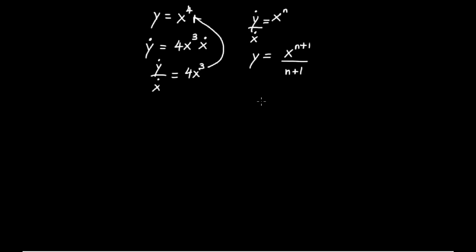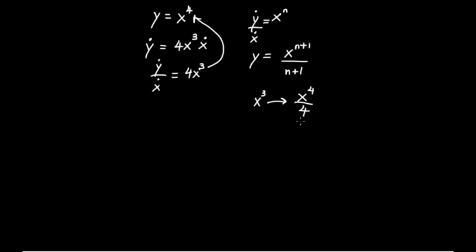Just to list out some examples, if I have y dot over x dot is equal to x to the third, the antiderivative is going to be x to the fourth over 4. I add 1 to the 3, which becomes 4, and then I divide by 4.